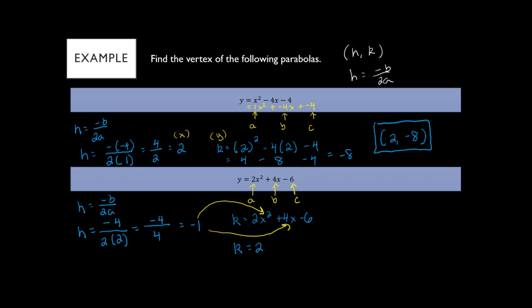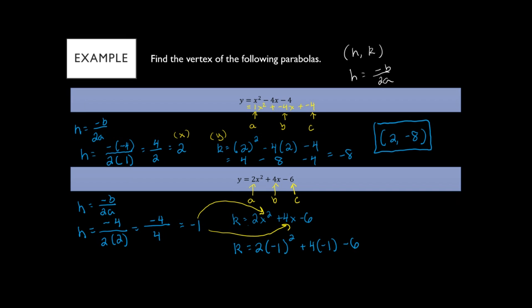So k equals 2. And then I have to have parentheses here. Negative 1, close the parentheses, and then square. That's really important if you're putting that in your calculator, because if you don't have the parentheses around the negative, it's going to assume the negative is not included. Then plus 4 times negative 1, then minus 6.